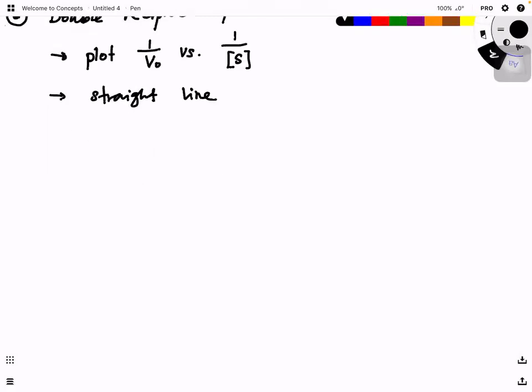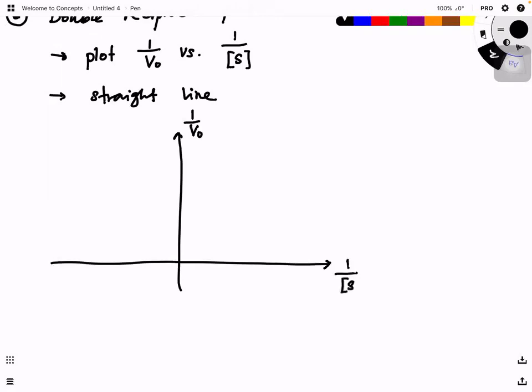You plot this, you're going to get a straight line. So this is the example. You plot 1 over V naught versus 1 over substrate concentration. Can you see that? You double reciprocate both already, then you get a straight line.